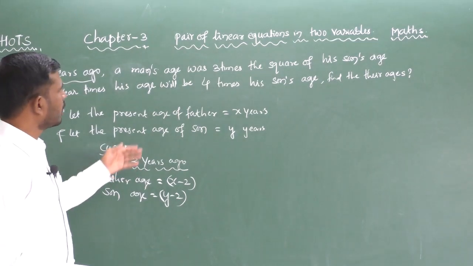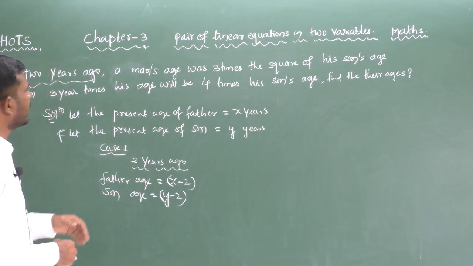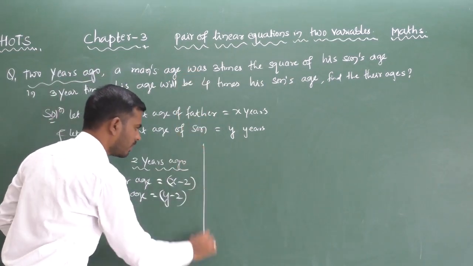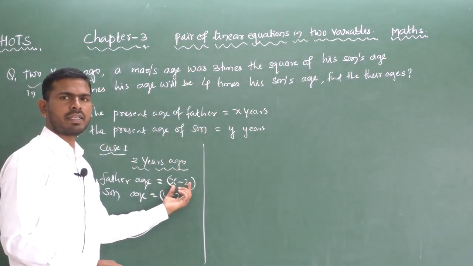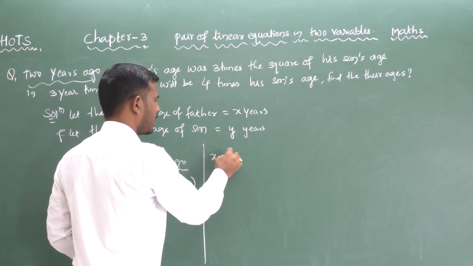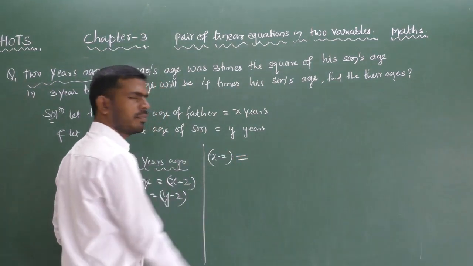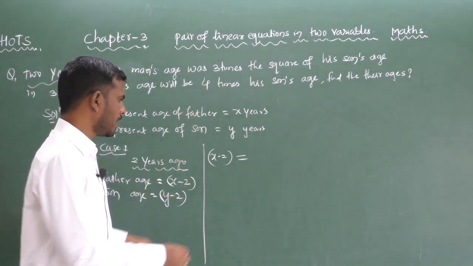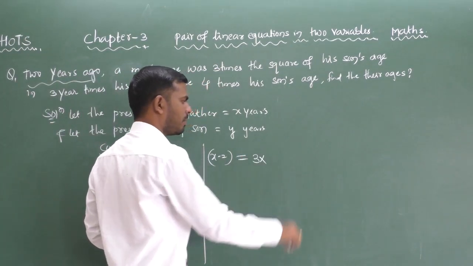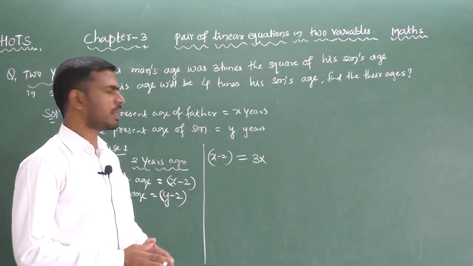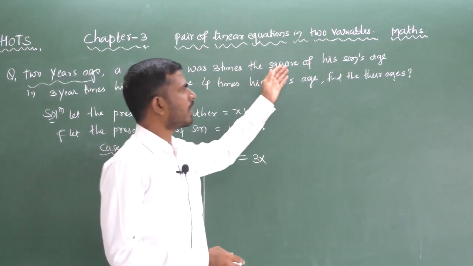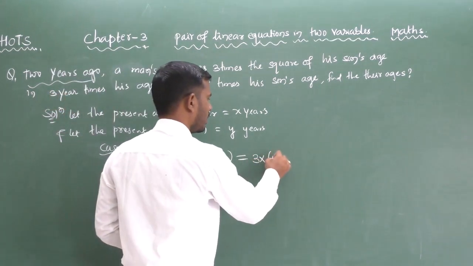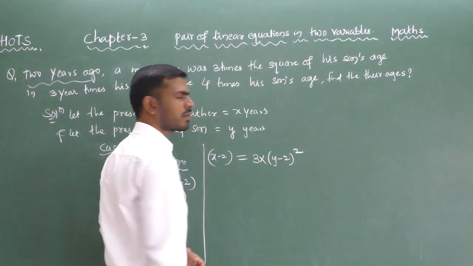So according to condition 1 given here, the man's age was, that is x minus 2, equal to 3 times the square of his son's age. 3 times means multiplication. Son's age is y minus 2, and square means you take y minus 2 whole square.